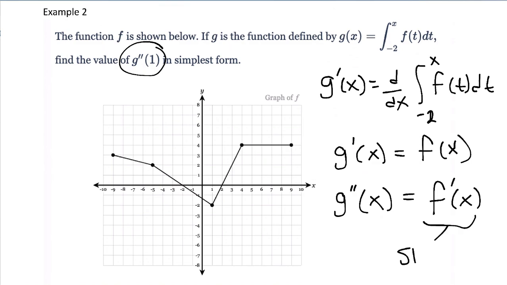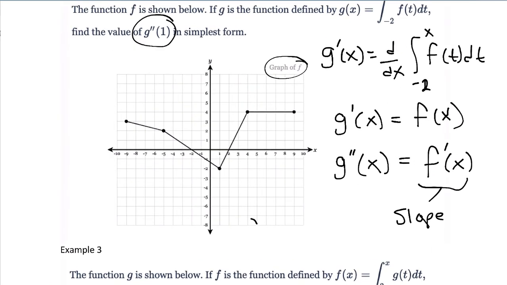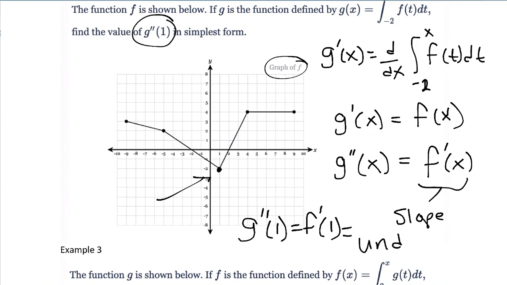Remembering, that's just the slope of the graph of f. So when we're asked to find g double prime of 1, that's f prime of 1, and f prime of 1 is right there, and that f prime of 1 is undefined because it's a sharp change, or we could just say does not exist, because that's a sharp change in the graph.